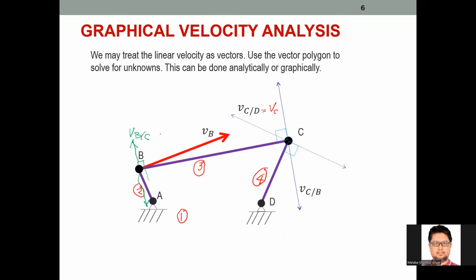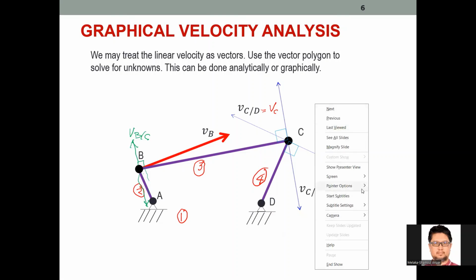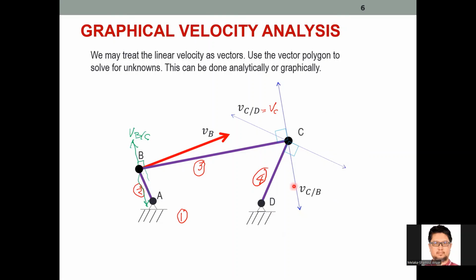So C is the point of rotation, and the velocity is acting at point B. Whatever it is, usually the magnitude for either case, whether they want to go with this one or that one, should be the same. The magnitude should be the same, but maybe the direction will be opposite.